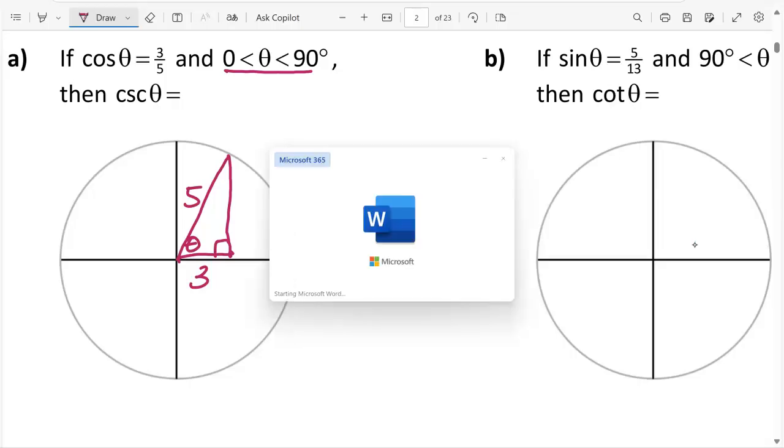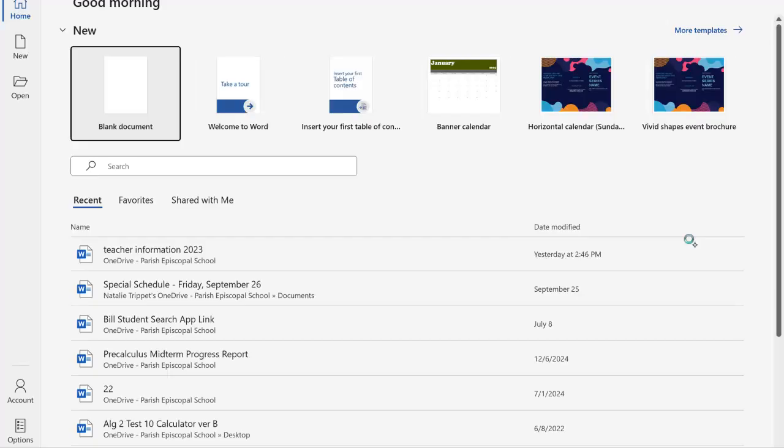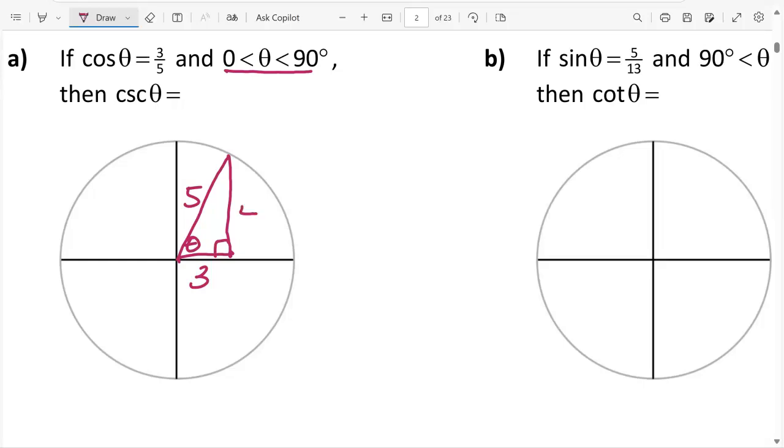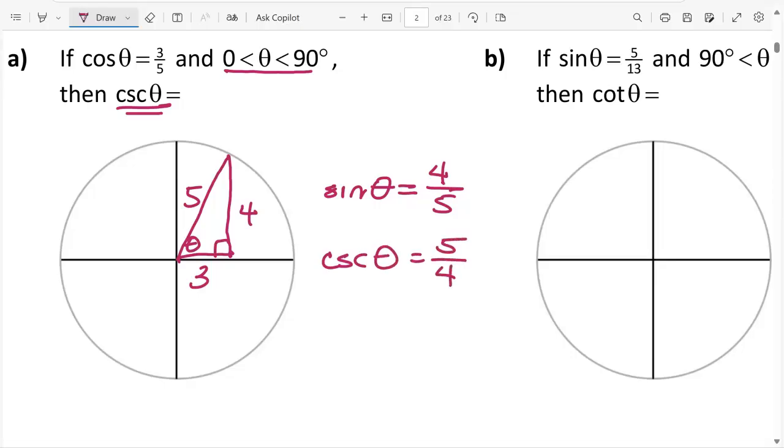We remember our Pythagorean triples, 3, 4, 5. And so the opposite side must be 4. And then from there, we're asked to find the ratio for cosecant, which is the reciprocal of sine. So I'm going to start by finding the sine ratio first. Sine of theta must be opposite over hypotenuse. And that means that cosecant of theta must be the reciprocal of that number.